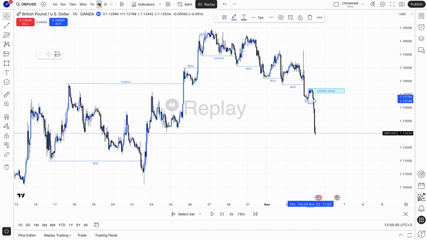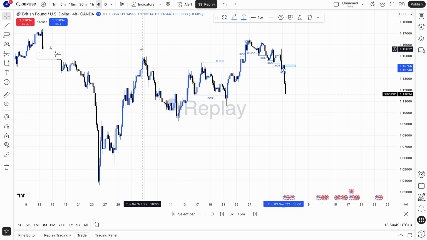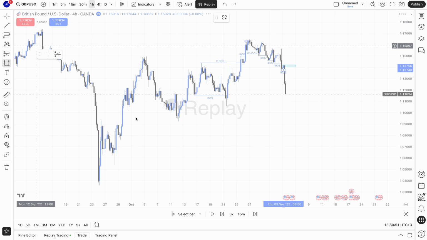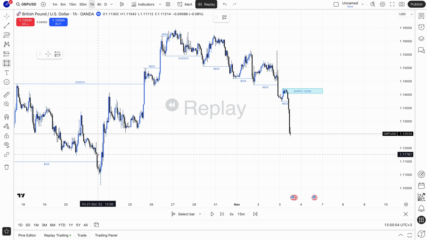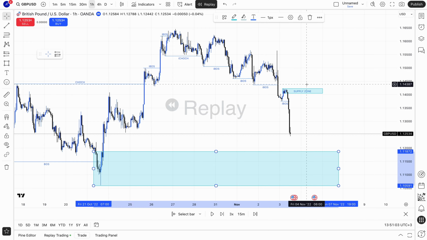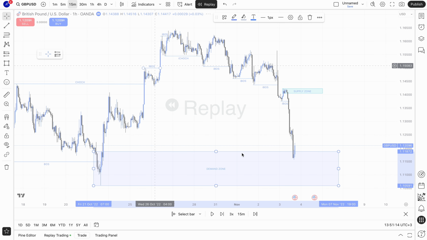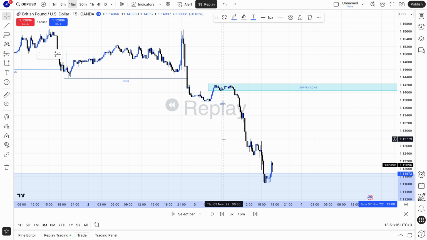We need to see the H4, H1 demand zone. We need to see the shift.